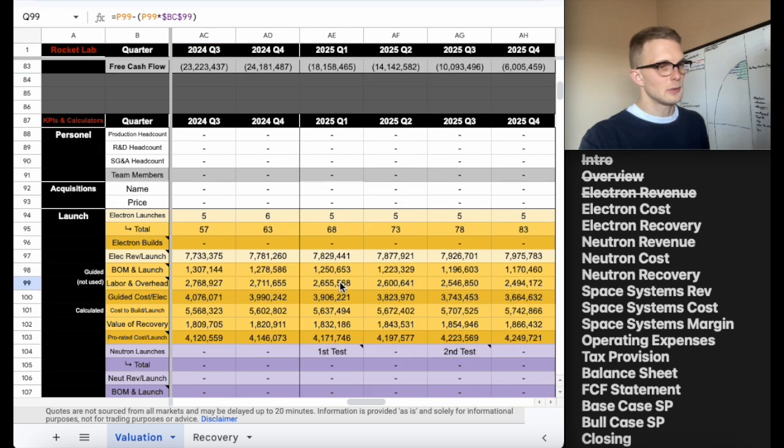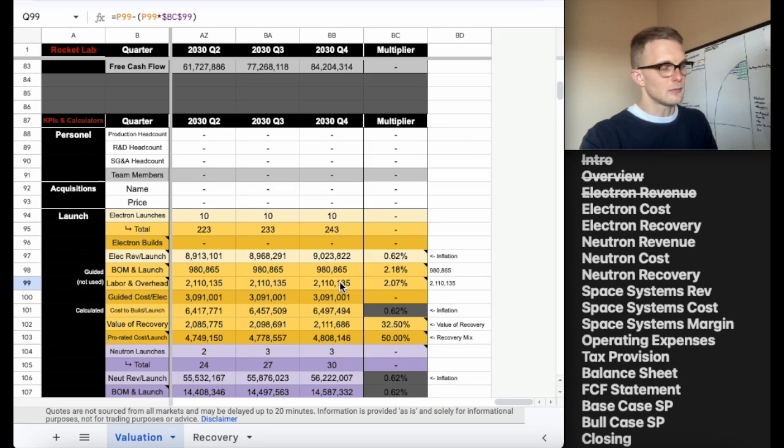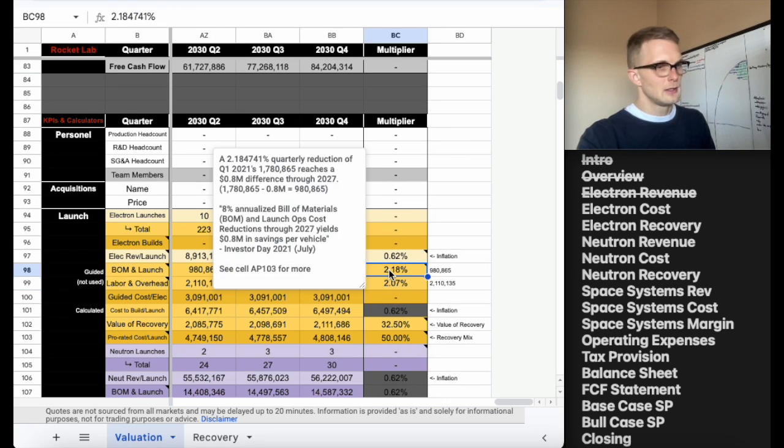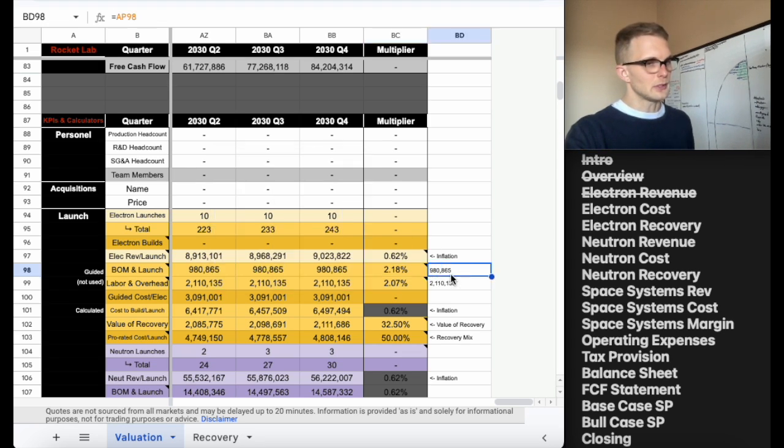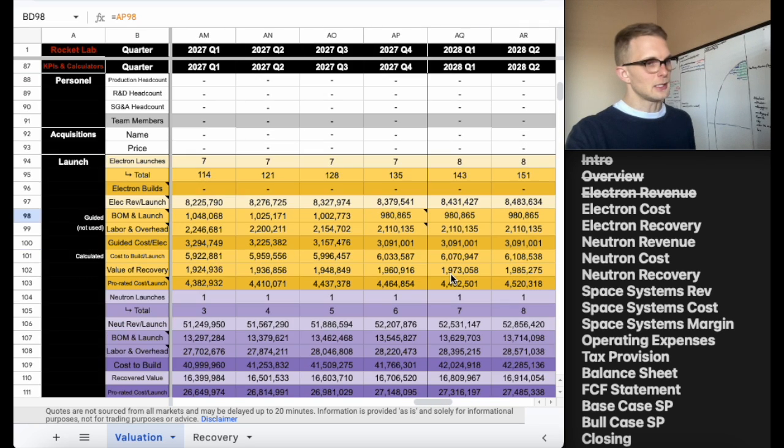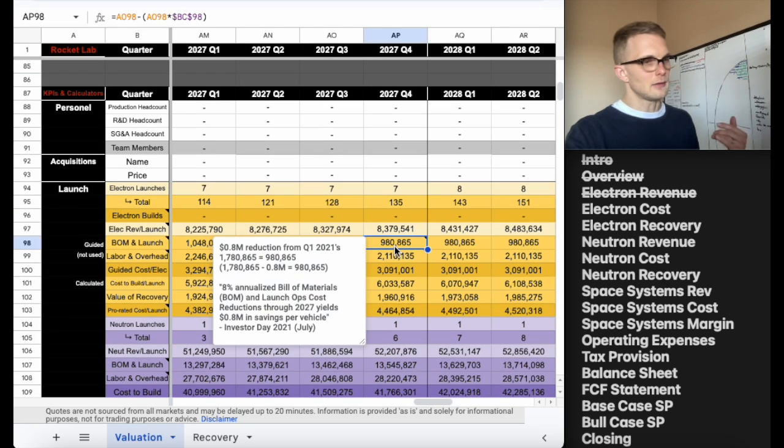So similar as before, we're going to scroll all the way to the right to get an idea of what exactly is interacting here. This 2.81%, it basically takes from Q1 of 2021 the reference of cost to build the Electron, and it smooths over the cost reductions over a period of time. So ultimately, what we're looking for is the guidance that was mentioned that would end through 2027.